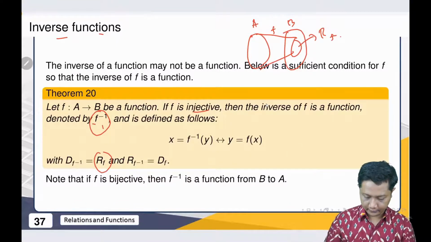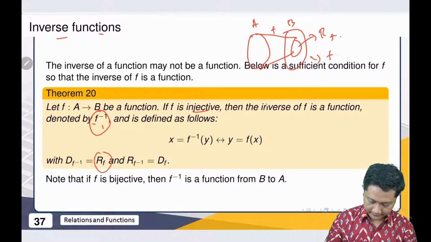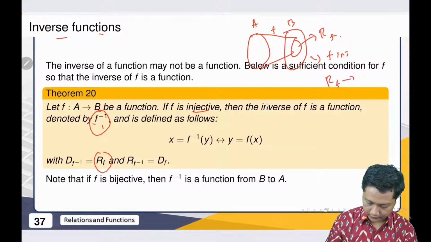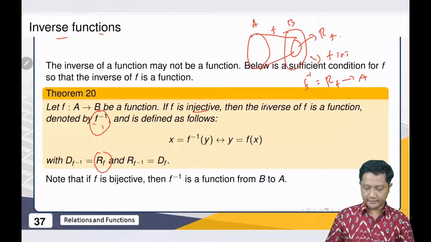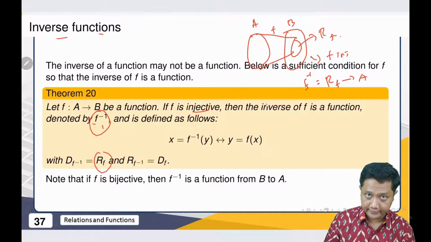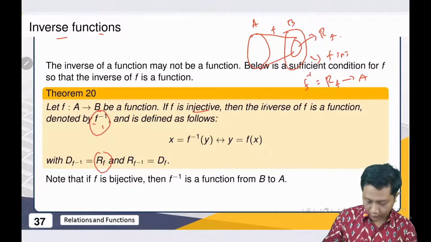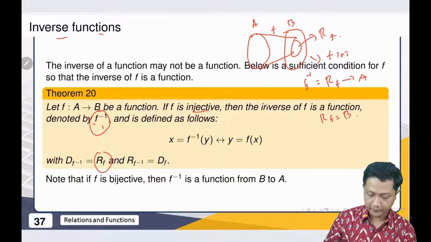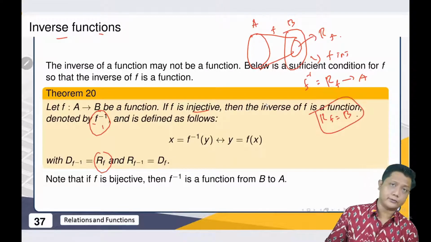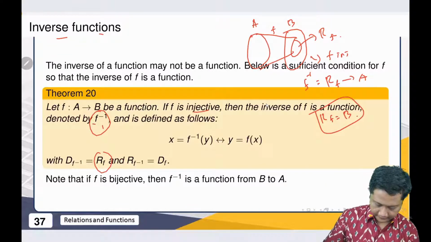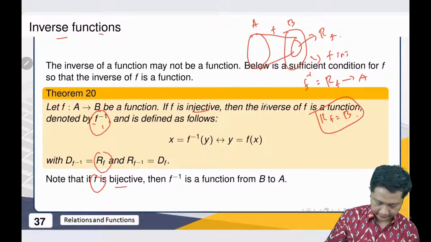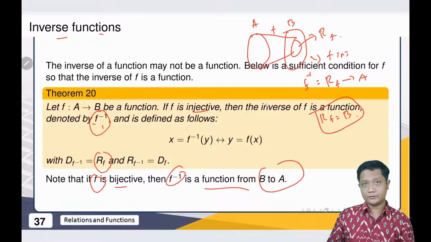So if f is injective, then a function from Rf to A, this one is our f inverse, is a function. And moreover, if Rf is equal to B, that means f is a surjective function, then we will get f is bijective, then f inverse is a function from B to A.